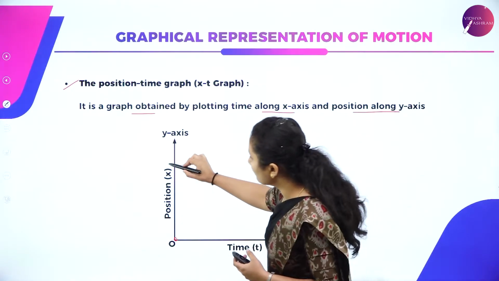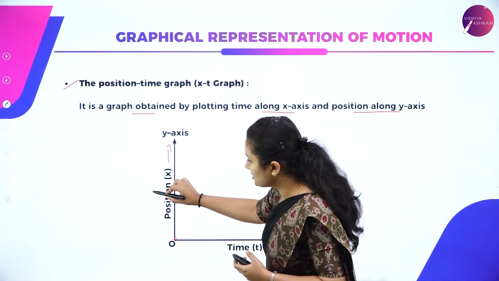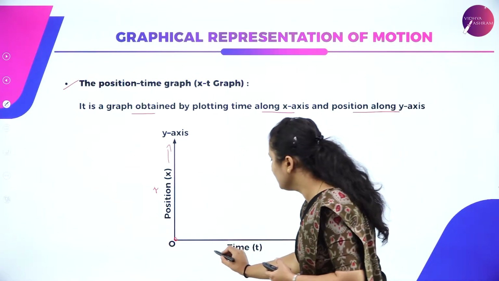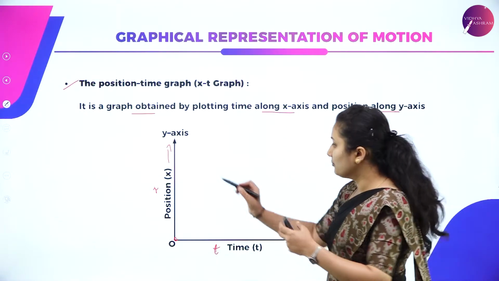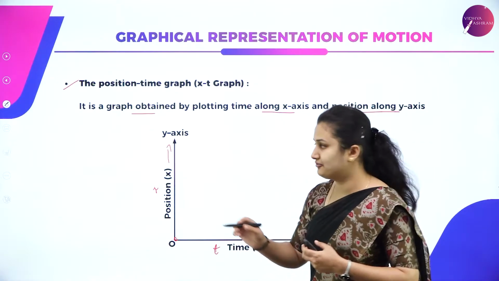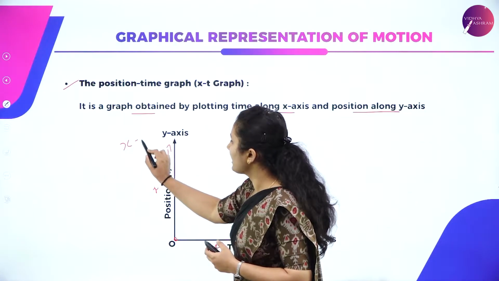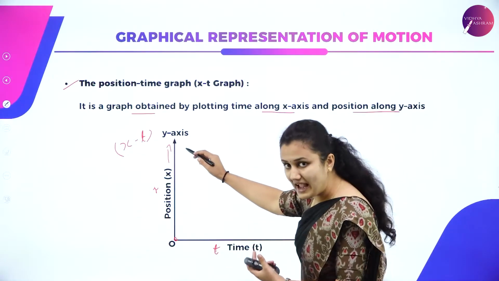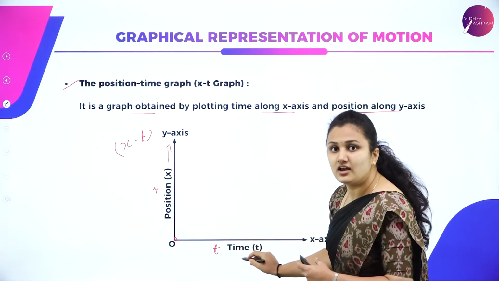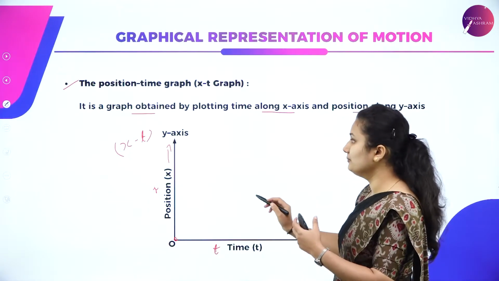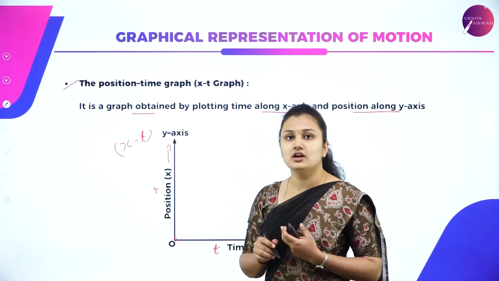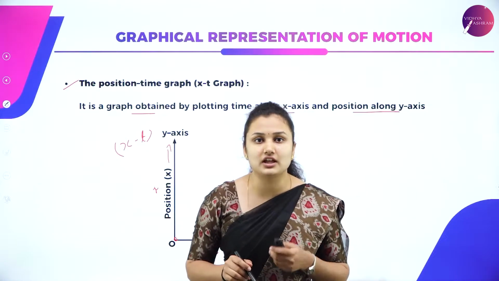Along the y-axis you have position, given as x, and along the x-axis you have time. So the position time graph is also represented as the xt graph.